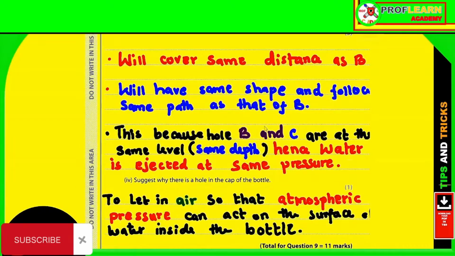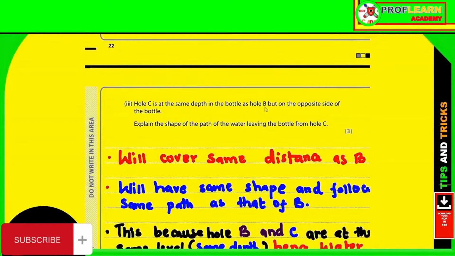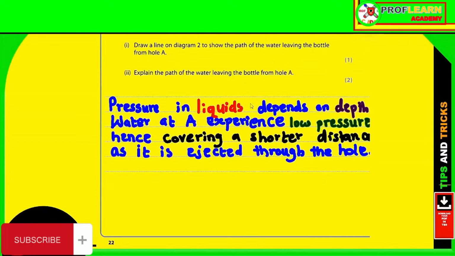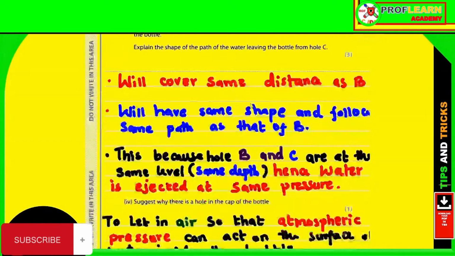Hole C is at the same depth as hole B, but on the opposite side of the bottle. Explain the shape of the path of water leaving the bottle from hole C. I did mention that the distance should be the same. The trajectory or the shape must be the same as well.